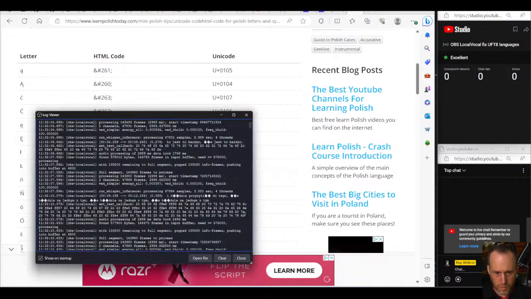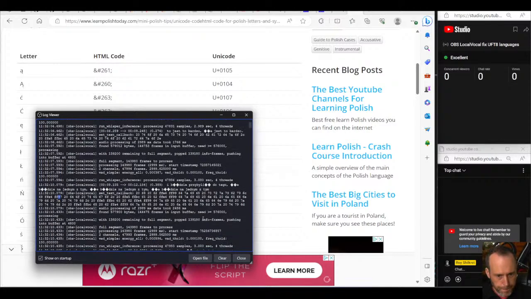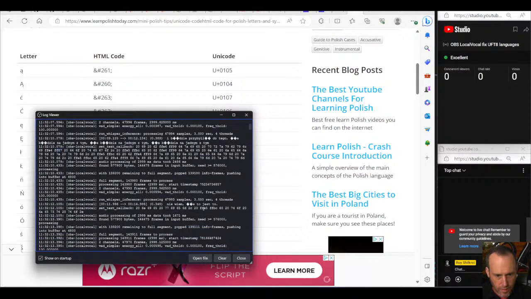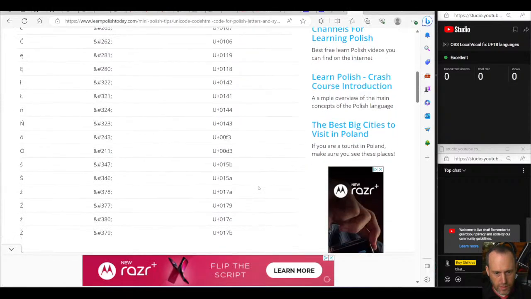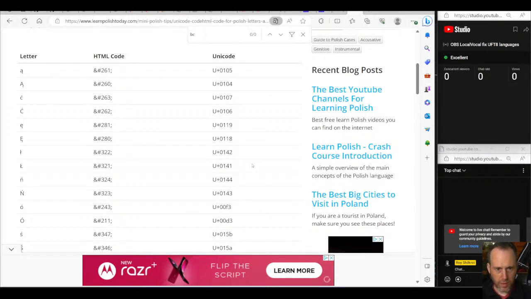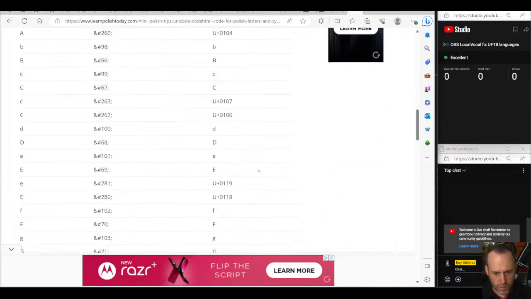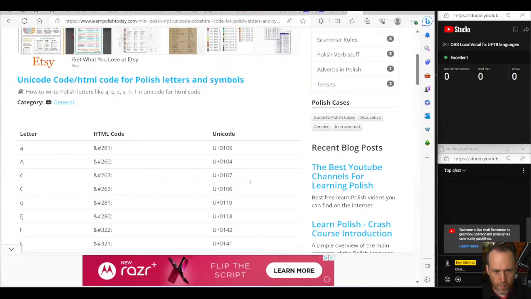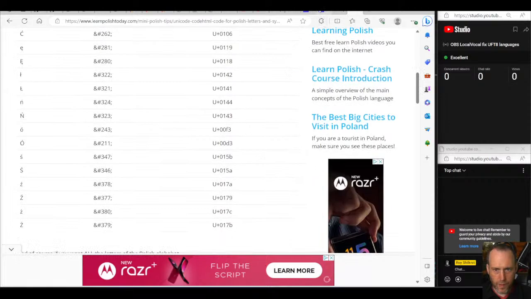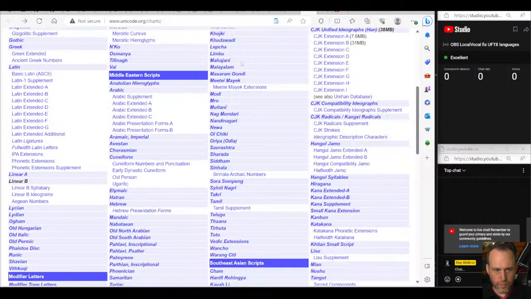Let's have a look at some of the letters. E499, E5BC, and we have E487. E499, E487. Here we got E5BC. So do we have BC in here? Nope. 01.